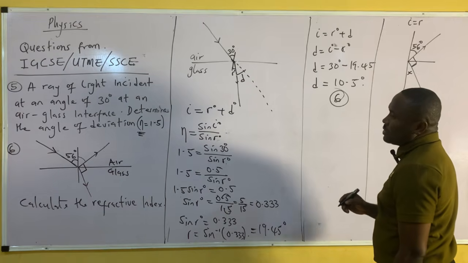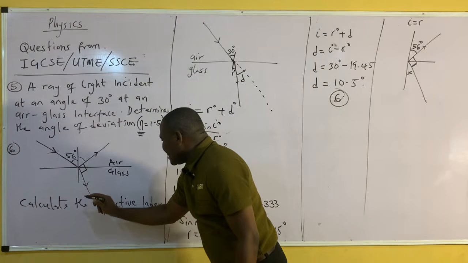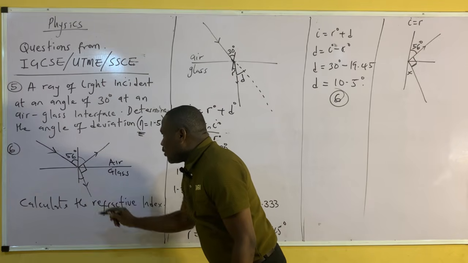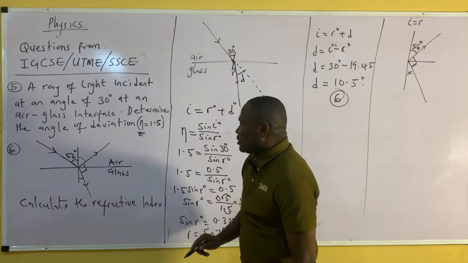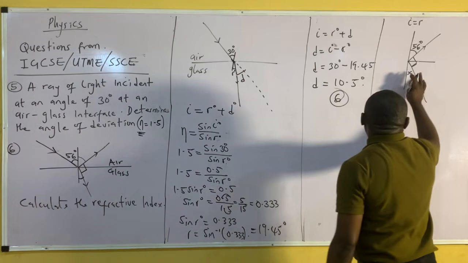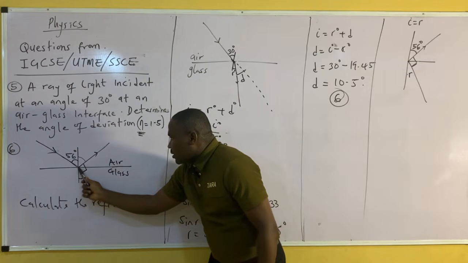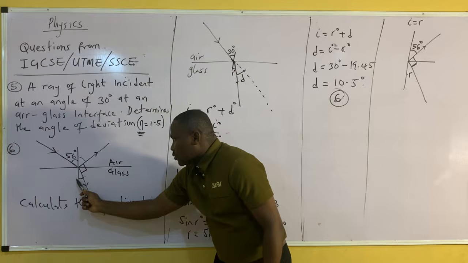I can find that part, which is my unknown. And this part, which is my unknown, is actually my angle of refraction, because the refraction angle is the angle the refracted ray makes with the normal.